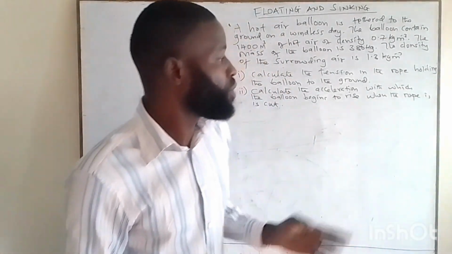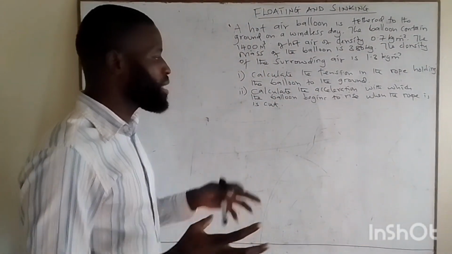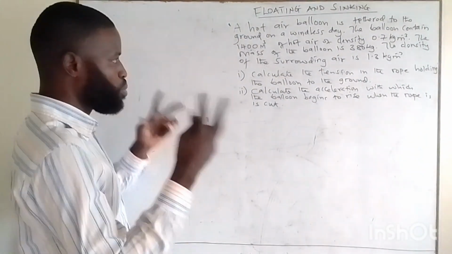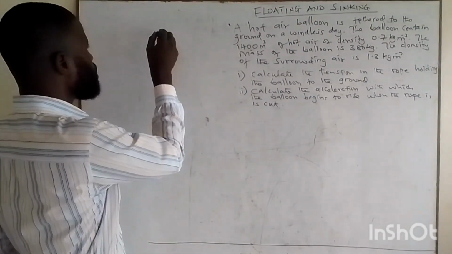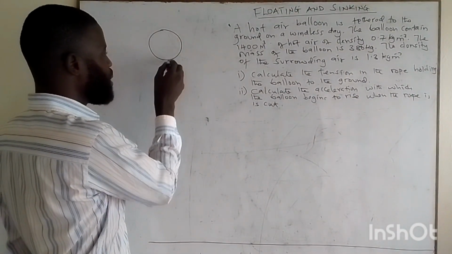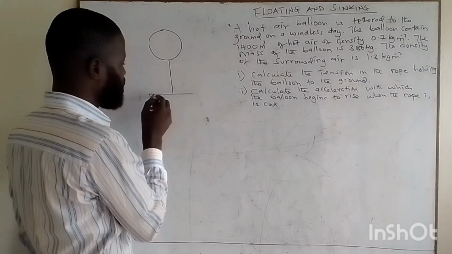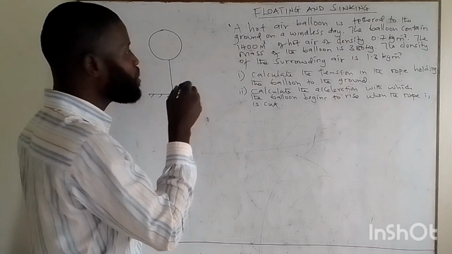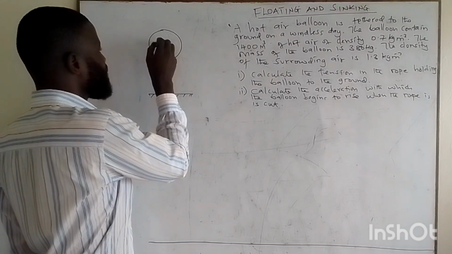So let us embark on the question. I will represent this question in form of a diagram to bring out the picture. So we have the balloon. The balloon is tethered on the ground using a string. The balloon contains hot air inside.